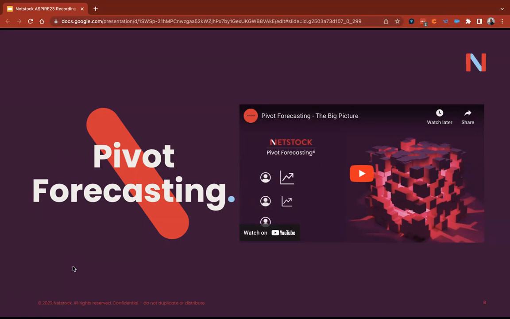And we've got this module that we've integrated with Netstock, which is called Pivot Forecasting. The idea behind Pivot Forecasting is a whole bunch of things, but that you could pivot the forecasts at any attribute or at any level.